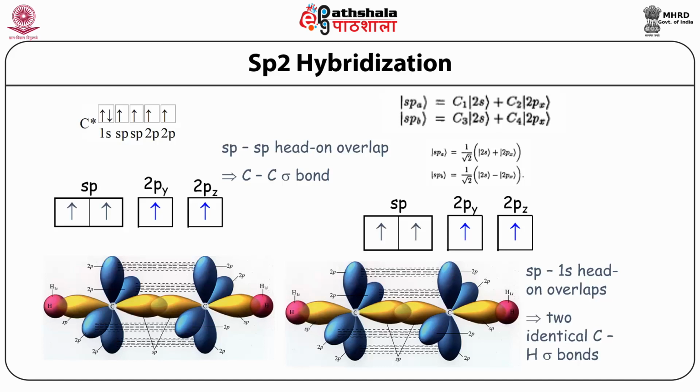Now here the chemical bonding in this molecule with triple bonds between the two carbon atoms is explained by sp hybridization, in which the 2s orbital is mixed with only one of the three p orbitals, resulting in two sp orbitals and two remaining unhybridized p orbitals, as shown in the electronic configuration of the excited state of carbon C star in sp hybridization.